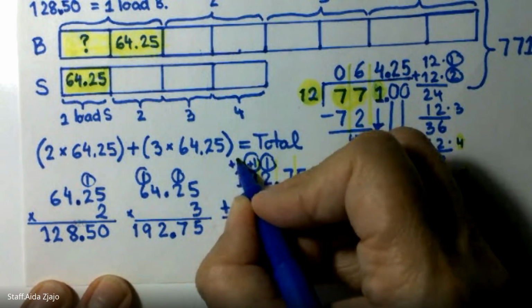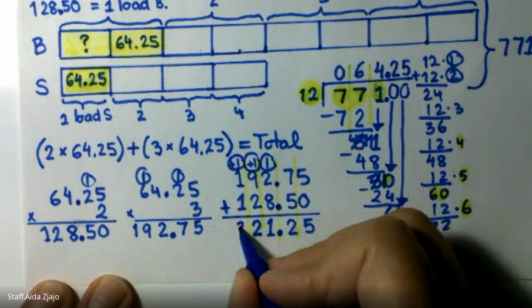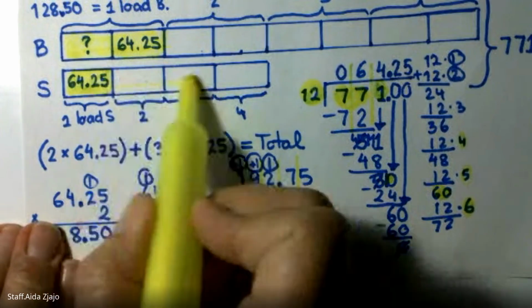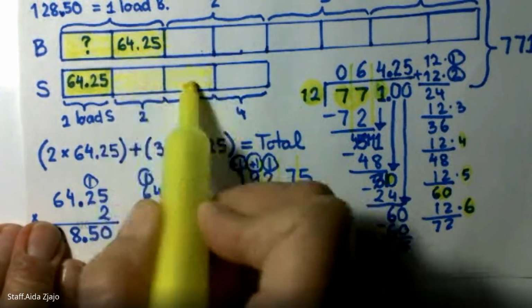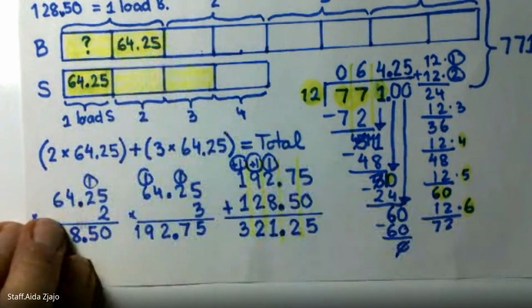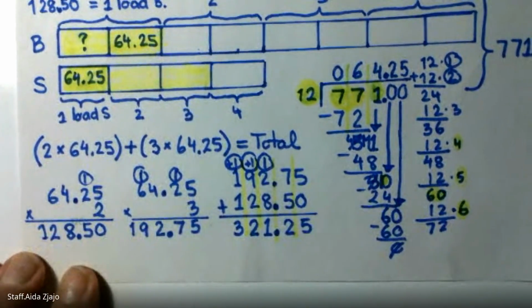And I remember 100, so it is 300. It's 321 and 25 hundredths. So we needed to find these 3 loads and then this 1 load together. So that was the question.